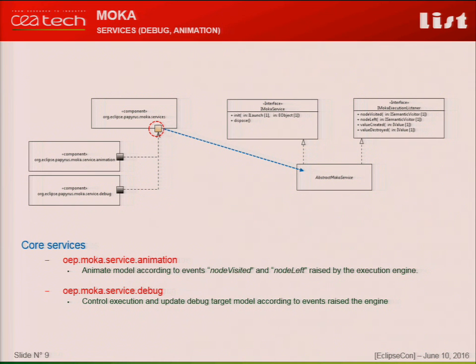And in the debug service, if a node is visited and it is in the context of a particular active object that needs to be suspended, then the execution for this particular active object is suspended. We also have a mechanism that allows, at the end of an execution, to properly dispose all the resources that are taken by this service. And this is implemented in the dispose operation.